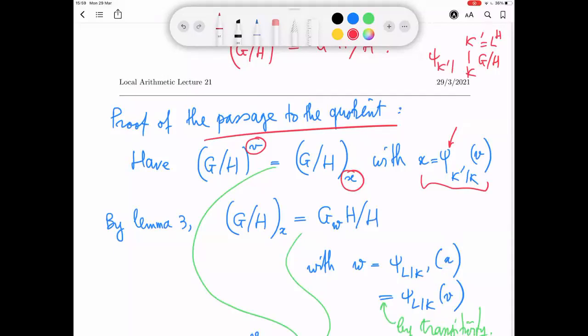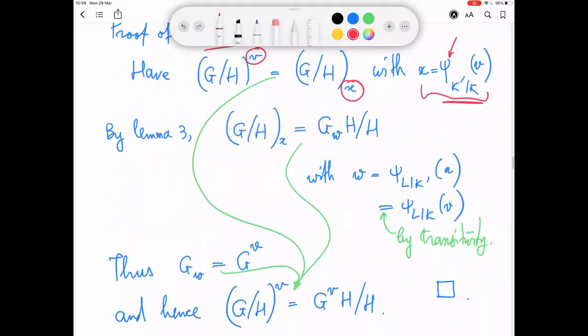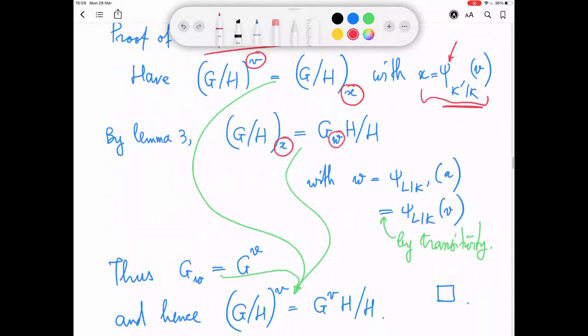K prime over K. That's what it is. Now Lemma 3 says that G mod H lower X is going to be G_W H by H, where W is C of L over K prime of X. That was Lemma 3.